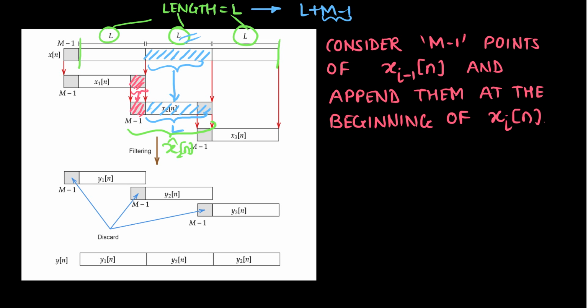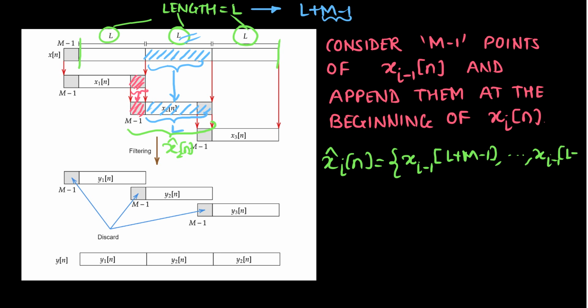So x hat i of n will be equal to the last m minus 1 points of xi minus 1 of n, that is xi minus 1 of L plus m minus 1, and so on till xi minus 1 of L minus 1.